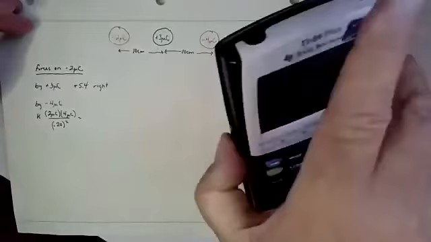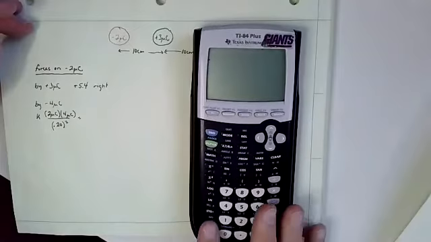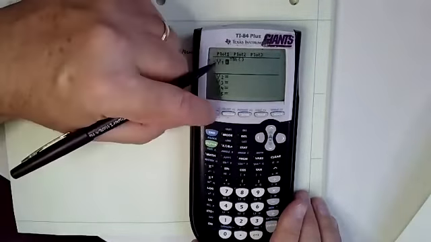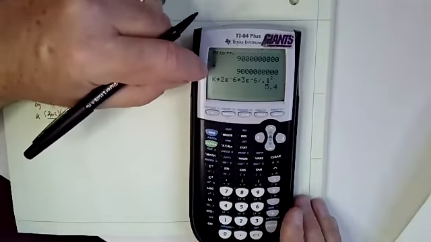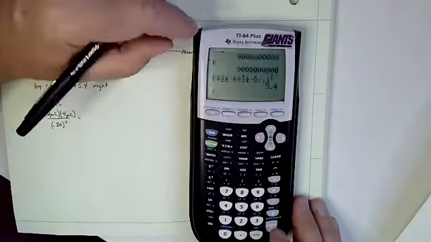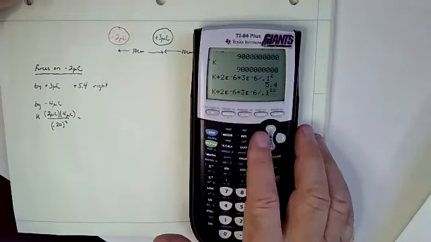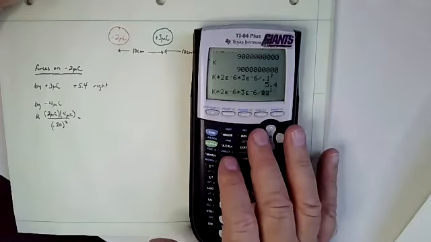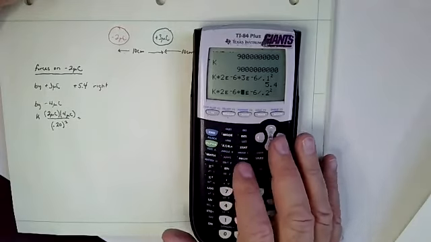Okay, now a nice thing about our calculators is that they can remember what we just did. Right, so now I can just go in and change the numbers. So that's now going to be a 2, and this is now going to be a 4.